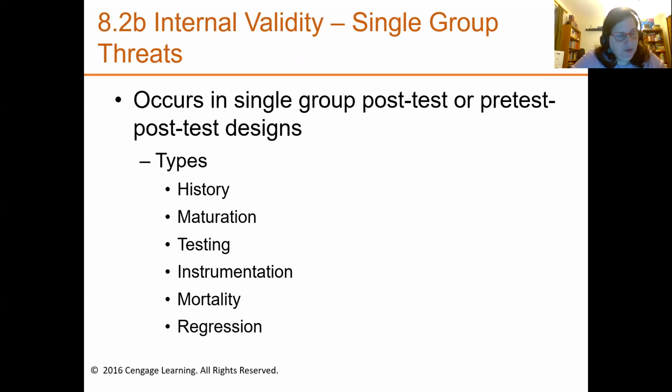Okay. Instrumentation. A threat to internal validity that arises when the instruments used on the post-test and the pre-test differ. Okay, so we know we try to avoid that at all costs, but sometimes it happens that post-test and pre-test measures don't match up for some reason, or there's some issue with the instrument itself.